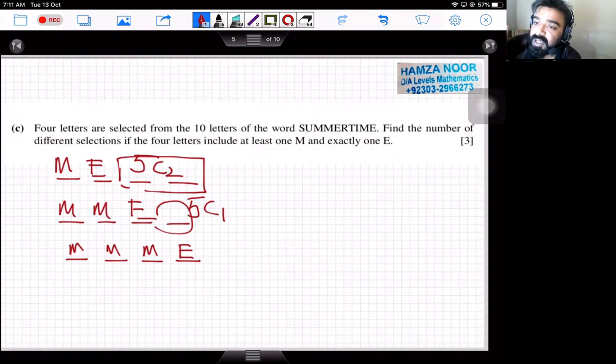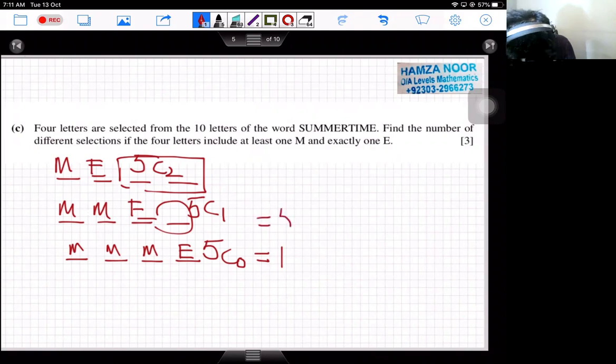Now I cannot select any of them. So you have 5C0. NC0 is 1, so 5C0 is obviously equal to 1. So 5C0 is 1. 5C1 is definitely 5. And 5C2 is how much? 5C2 is 10. So altogether you have 16 ways of doing so.